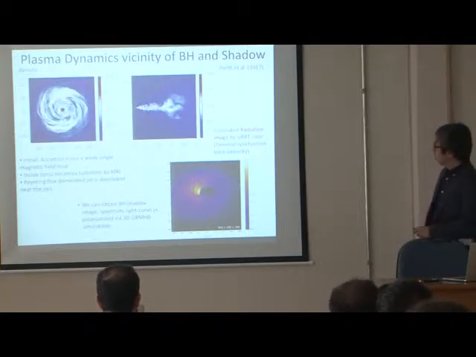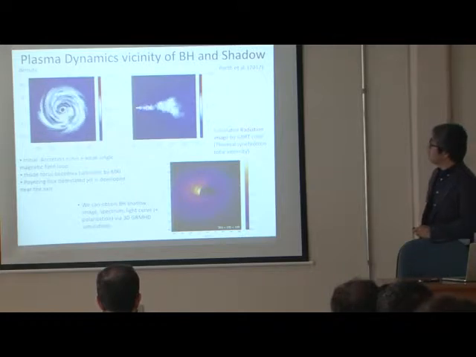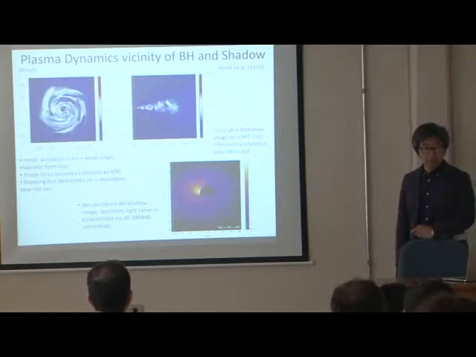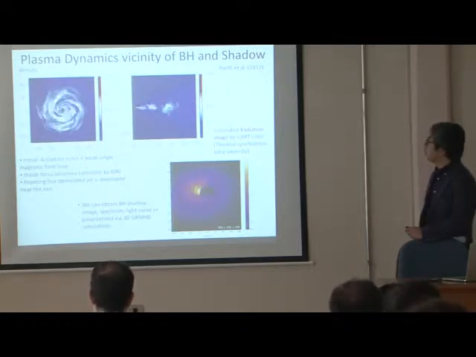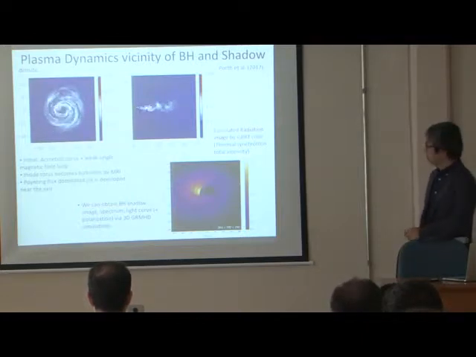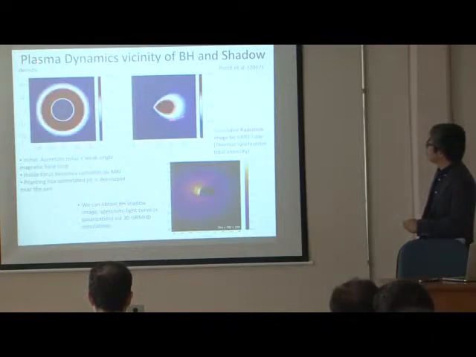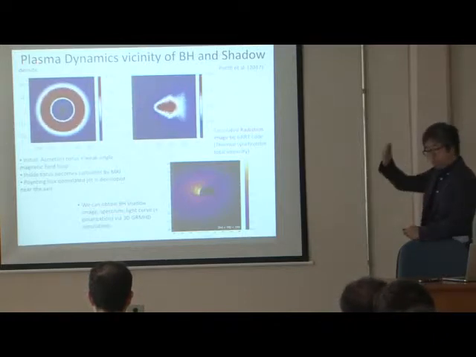So I show one of our recent general relativistic MHD simulations by our black hole accretion code. We call it the BHAC code. So this is the density we can see on the equatorial plane, and this is also the density on the vertical plane.